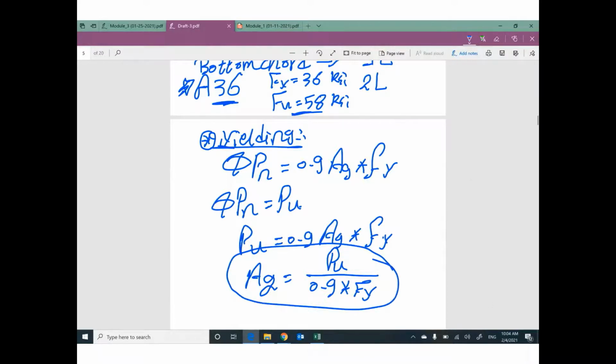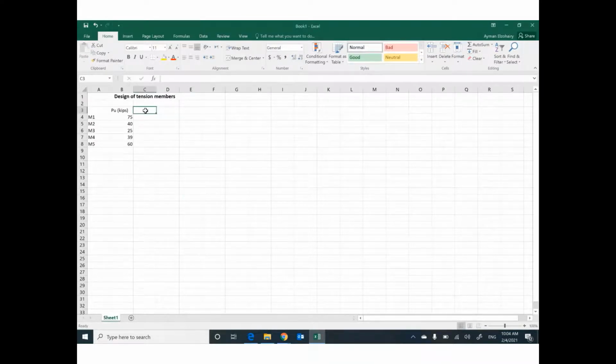So the first step in the Excel file, I will figure out the area gross in inch square equals this number divided by 0.9 times F yield, which is 36. So you can get the required area gross for all of them.